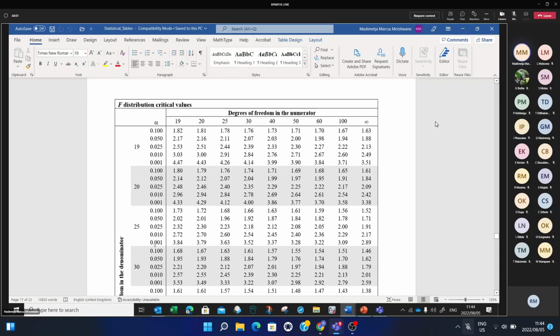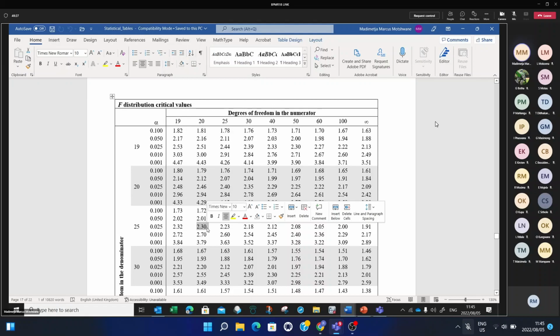We're looking for 0,25 against 20. 0,25 is there. And where is it intersecting at 20? It intersects right here at 2,3. Hope you can see this.